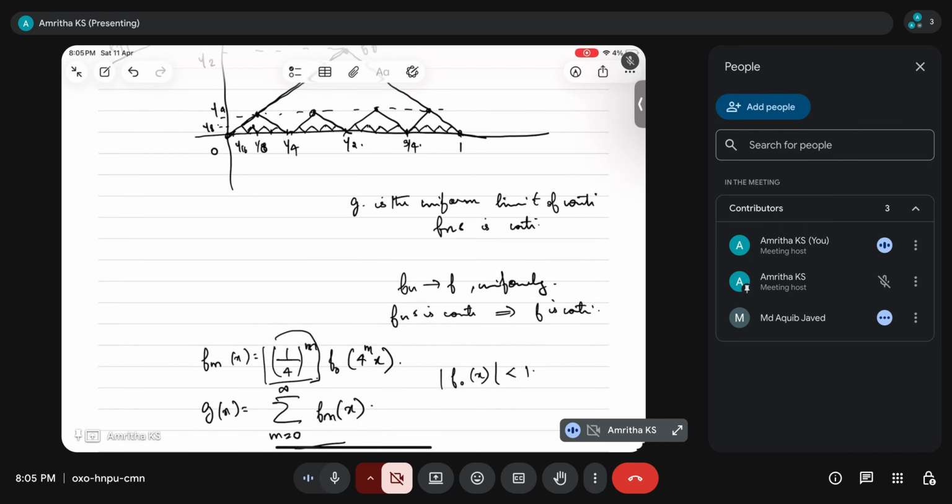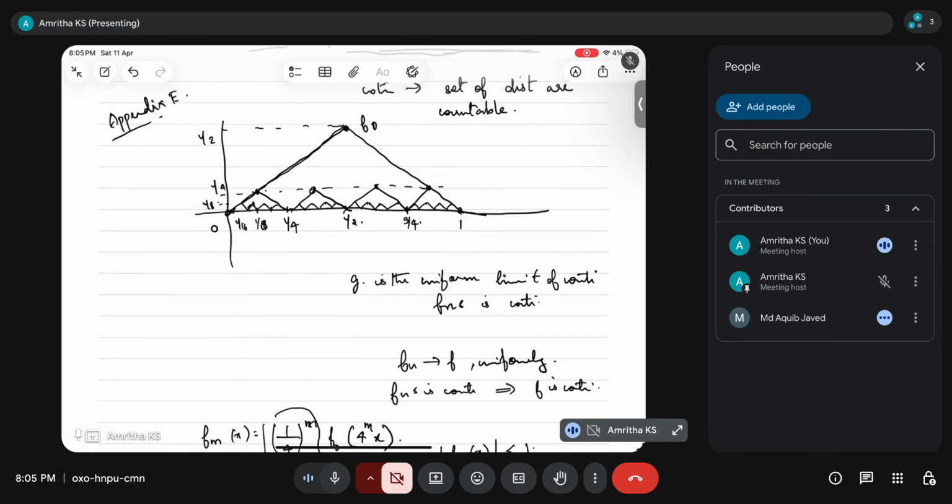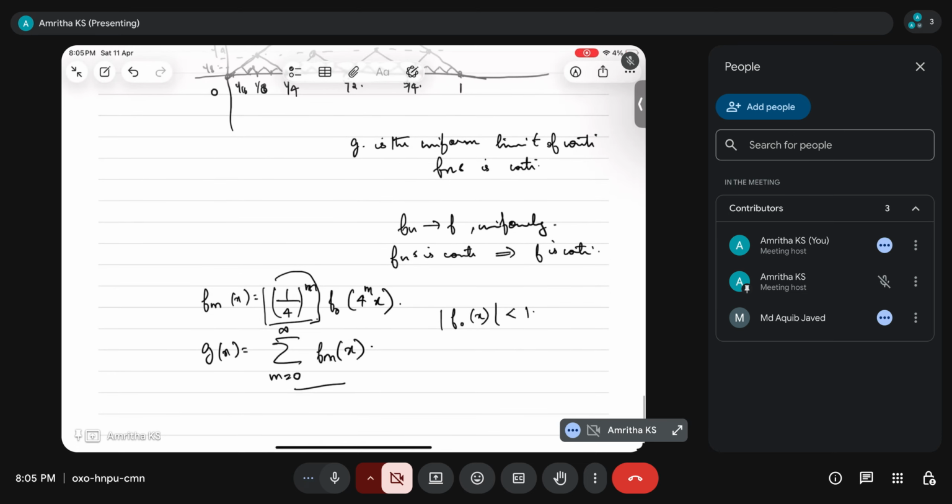It is time, I should go somewhere. So maybe we can continue this in the next class. Actually, I have scheduled a class on the 13th from 6:30 to 7:30.